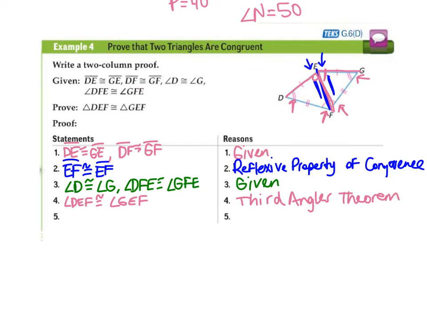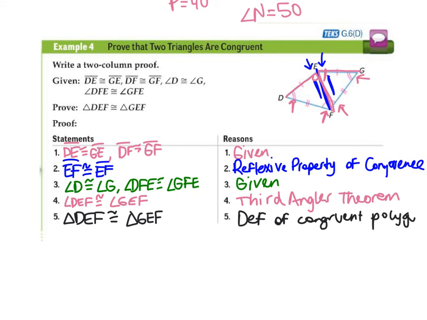And then last but not least, triangle DEF is congruent to triangle GEF because that's your definition of congruent polygons. So DEF is congruent to GEF. Good job today, guys.